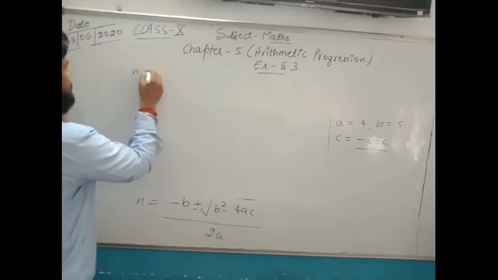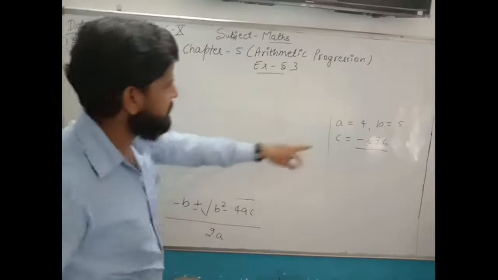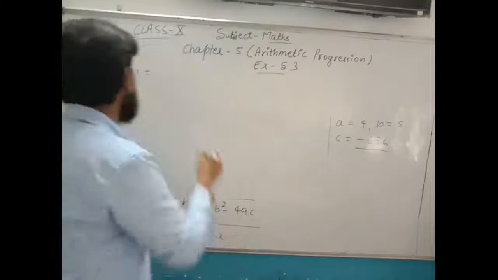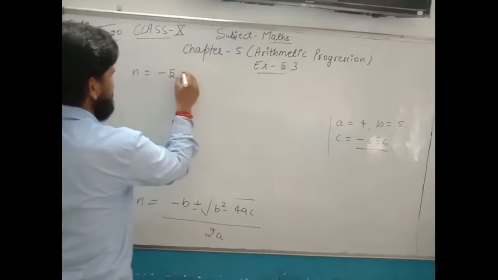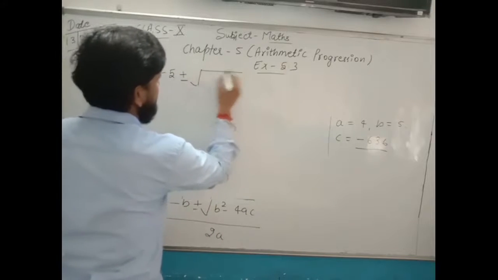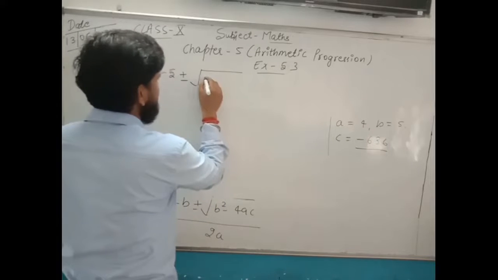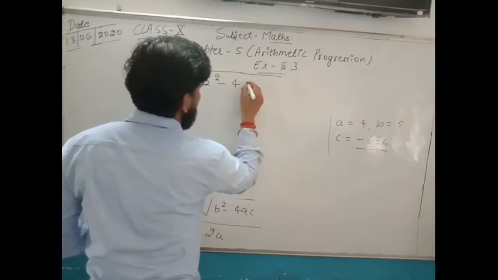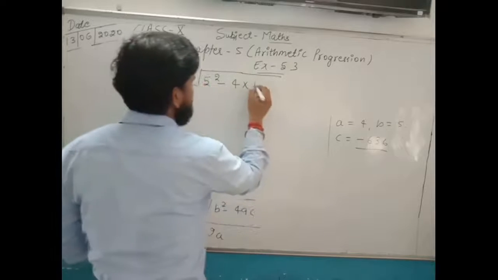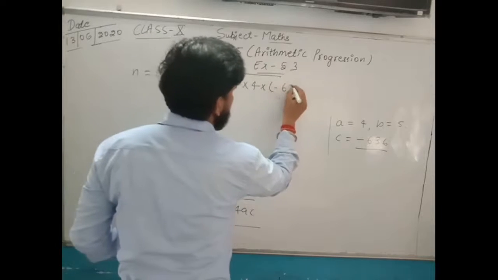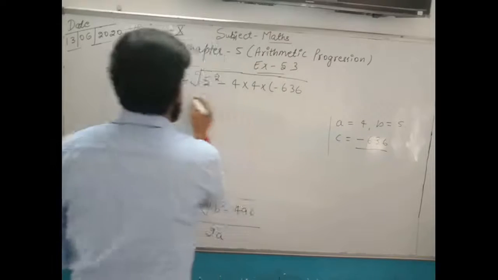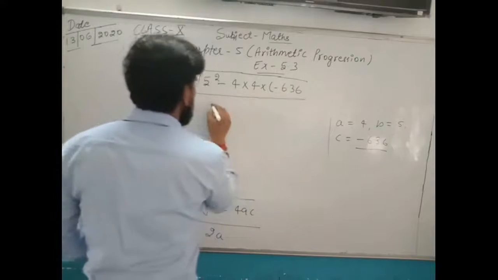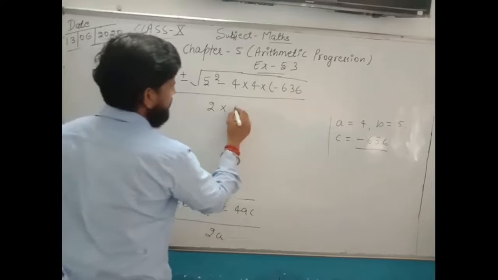So n is equal to minus b, which is 5, so minus 5 plus minus under the square root, b square means square of 5, minus 4, a is 4 and c is minus 636, upon 2a, 2 multiplied by 4.